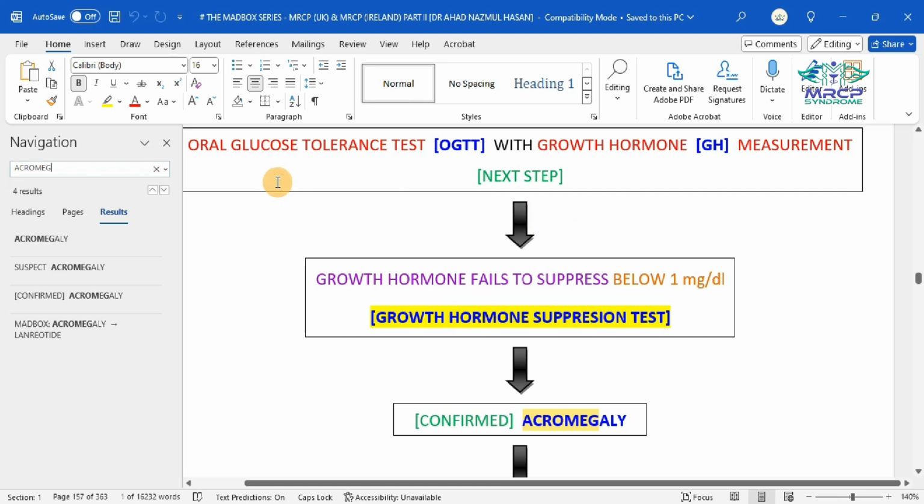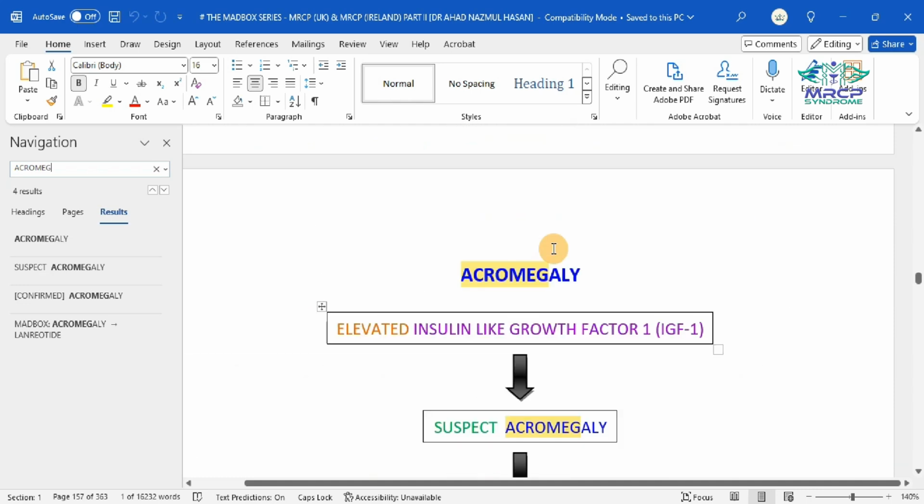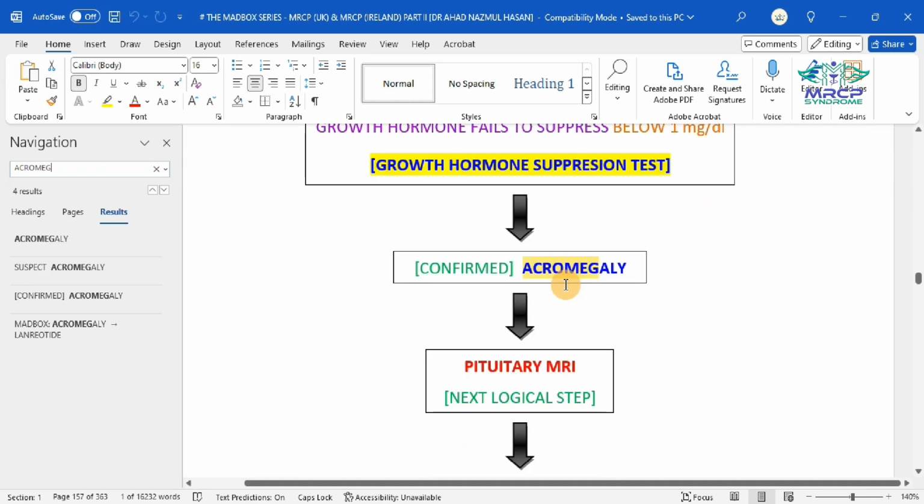This OGTT with growth hormone measurement is also known as the growth hormone suppression test. Remember, the alternative name is the growth hormone suppression test. So this is for the confirmatory diagnosis, and the initial or first-line investigation would be the IGF-1.